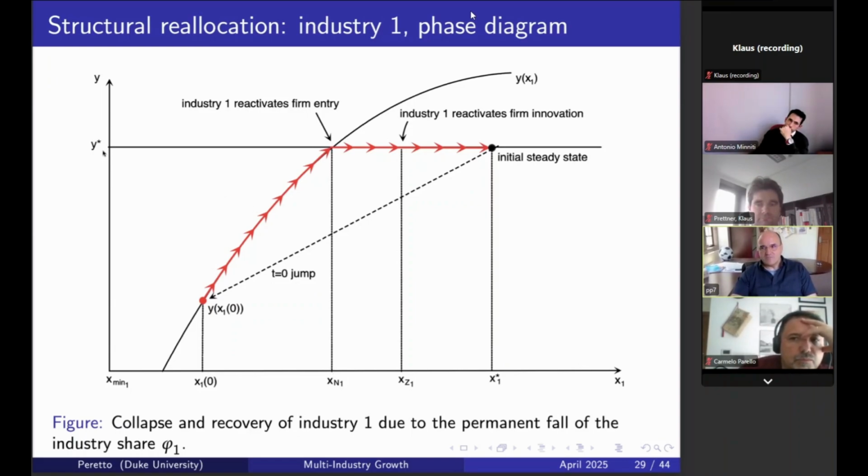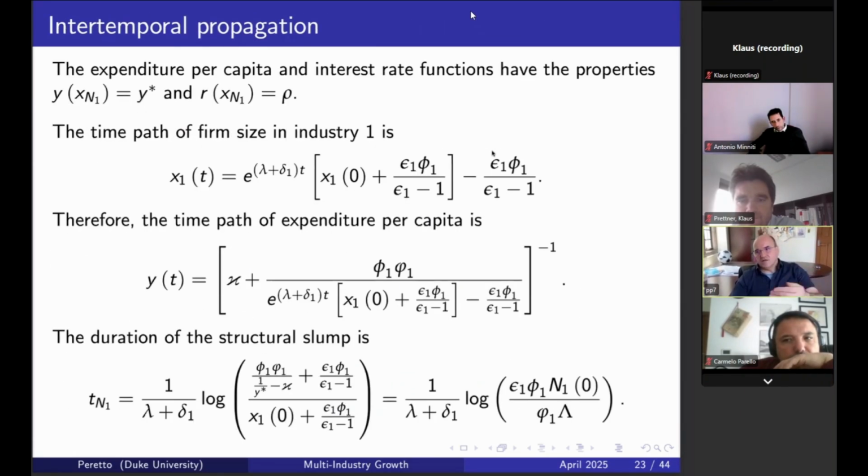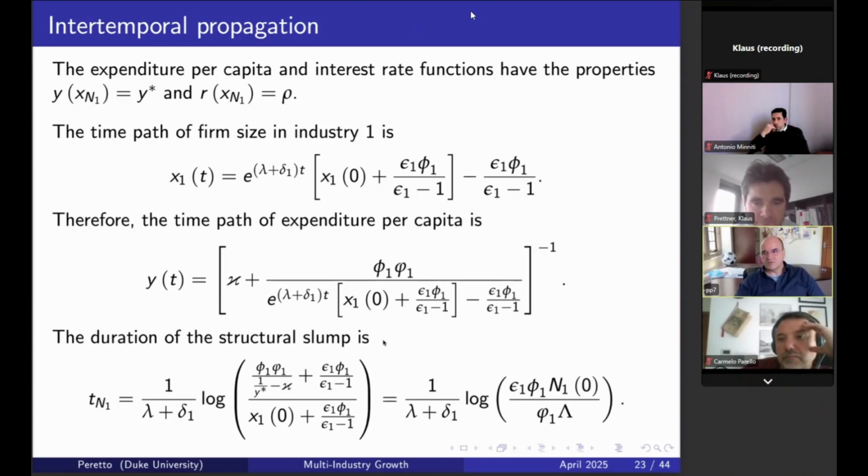And at the same time, by definition, by construction, expenditure per capita has returned to the Y-star value because now we are in the free entry regime. Then this industry keeps moving to the right, at some point reactivates firm innovation, and then converges to the steady state. Okay? So in these slides, I have essentially the algebra behind that phase diagram, including the solution for the duration of the structural slump.